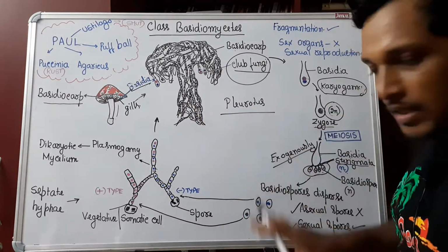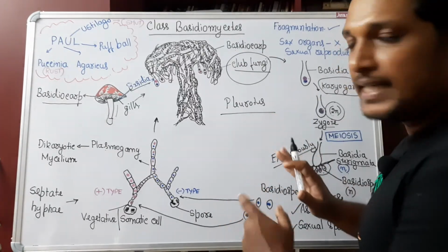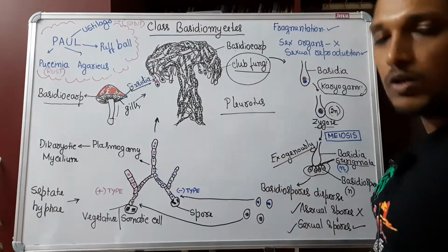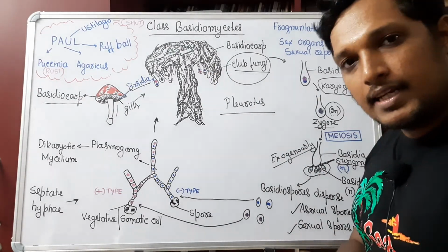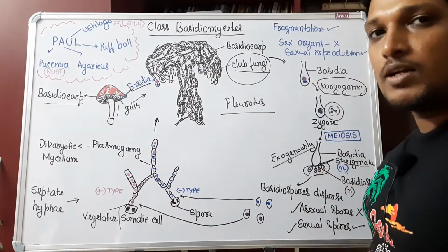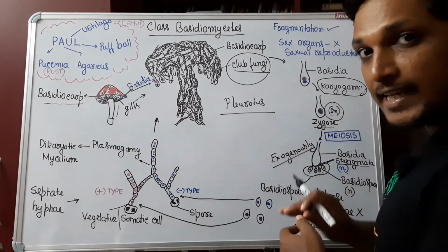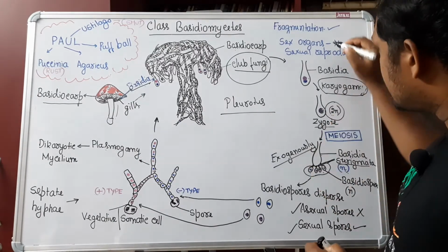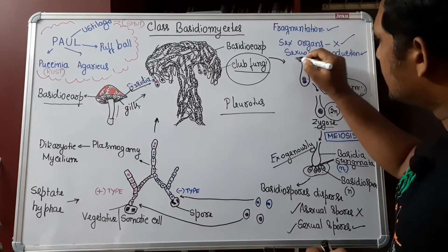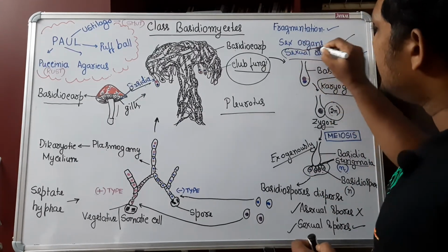Even though sexual spores are present, you don't find any sex organs, whereas in bryophytes and others there are antheridium, archegonium, such sex organs. Here you don't find any sex organ, but it doesn't mean that sexual reproduction is absent. Sex organs are absent, but sexual reproduction is seen.